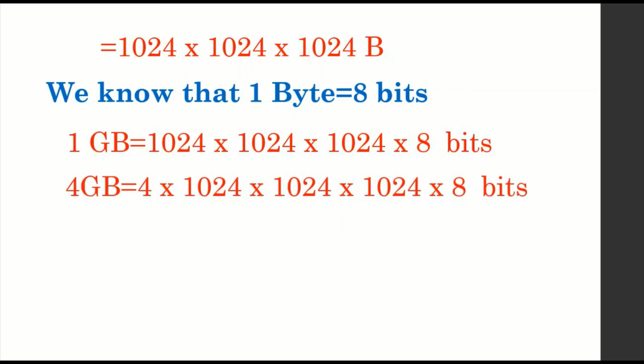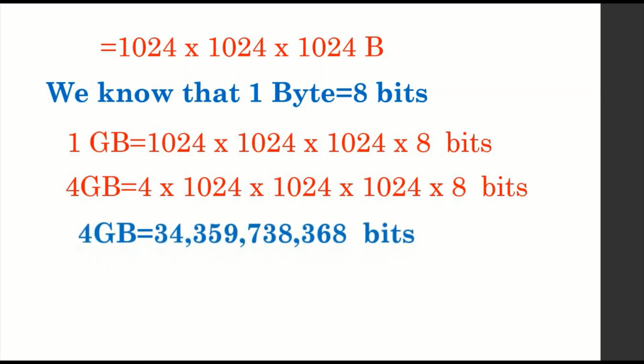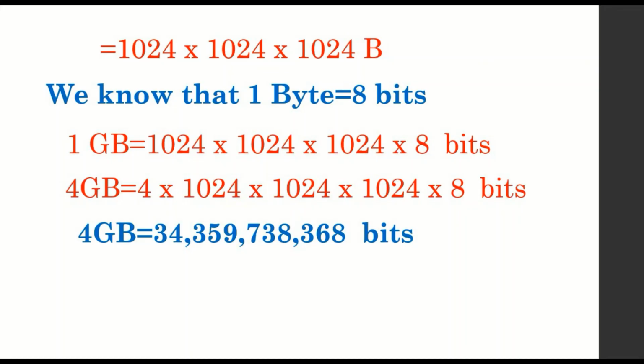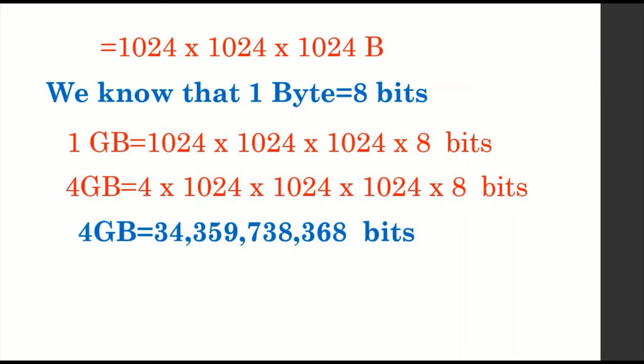So by getting the value of 1 GB, now we can get the value of 4 GB by multiplying 4 to the product. You should get 34 billion, 359 million, 738 thousand and 368 bits. This is the product of the entire operation.